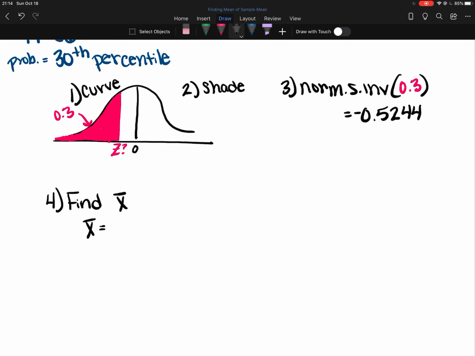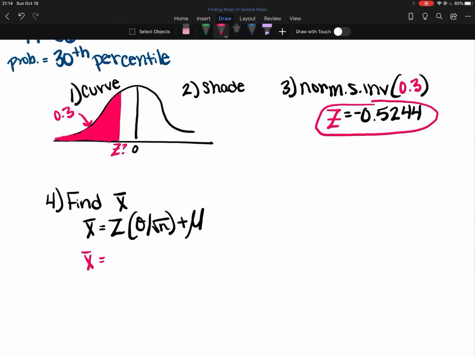So to find x bar, when we're working in this situation, working backwards like this, it's z times sigma over the square root of n, the standard error, plus mu. So the z-score, that's what we get out of Excel in step 3. So if you are in the 30th percentile, you are a little more than half a standard deviation below the mean.